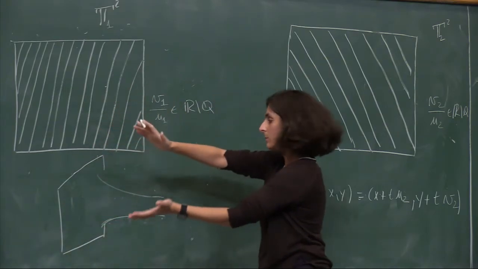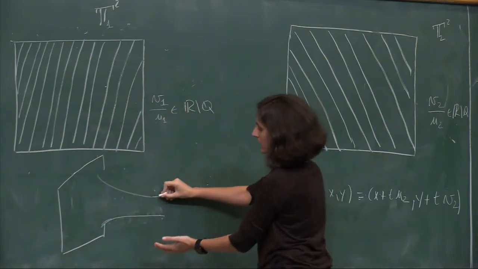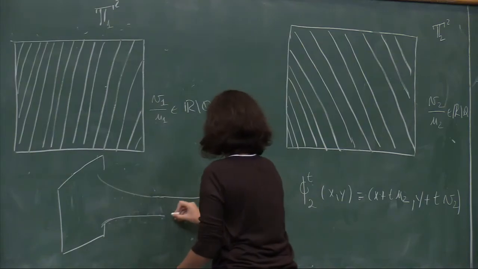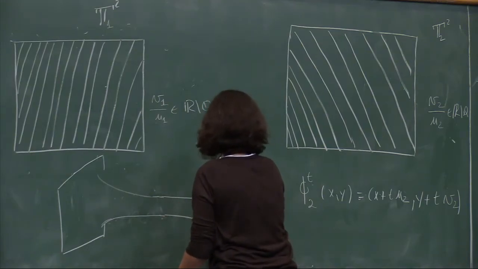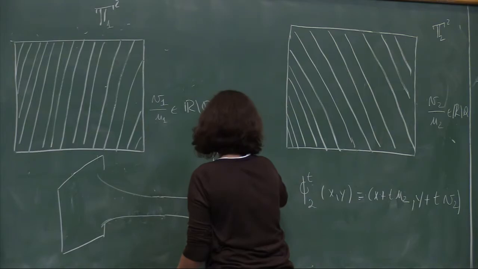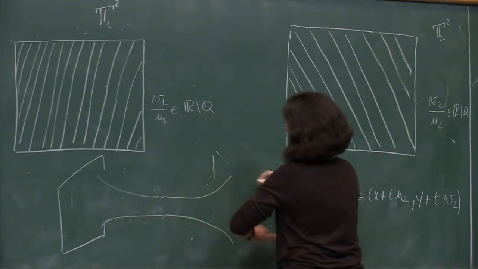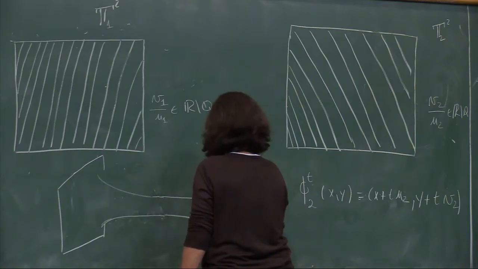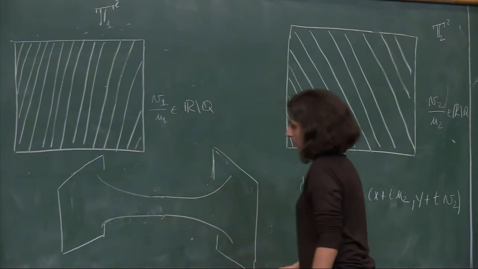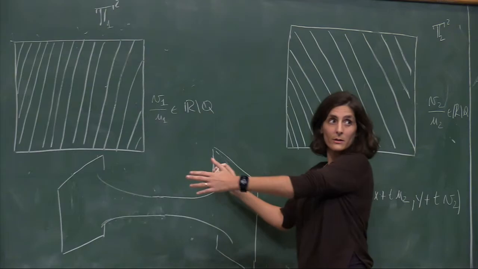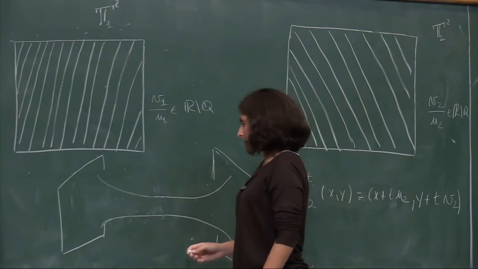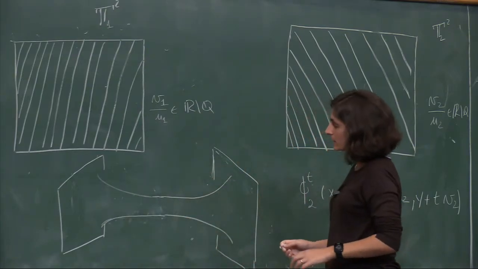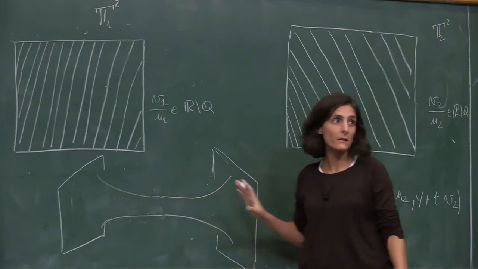It's sort of a homotopy between the square and the circle here, and here on the other side I'll have the same thing. It's symmetric, okay?